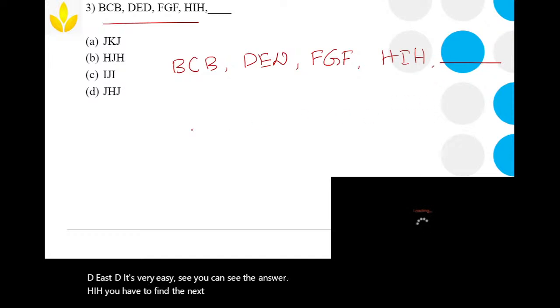Please be quick. Sahana Nayak is saying A, J, K, J. Good.